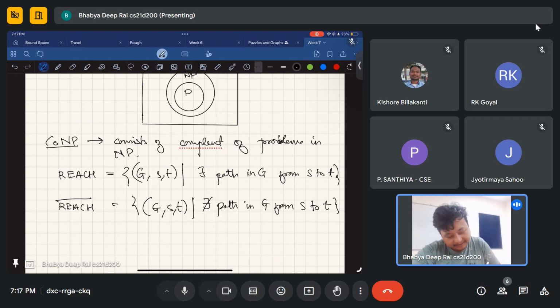So coNP consists of all the languages or problems L such that the complement of L is in NP.